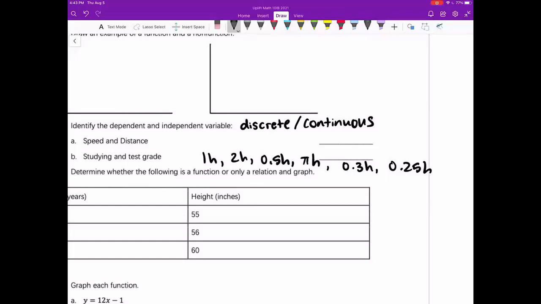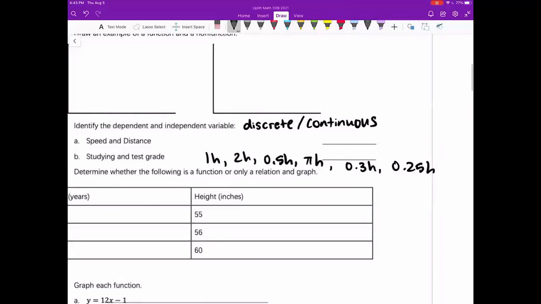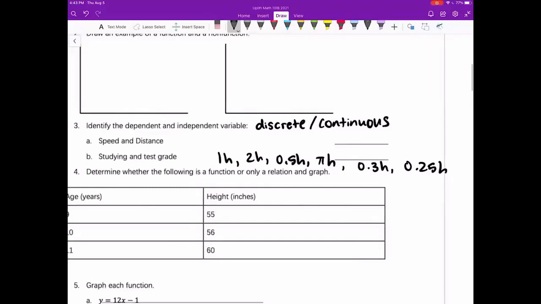And yes, that's also correct for number A. An easier way to think of which one's independent and dependent is to put it into a sentence. A is continuous. David, what were you saying about sentences? If you think it out a little bit, the distance depends on the speed.